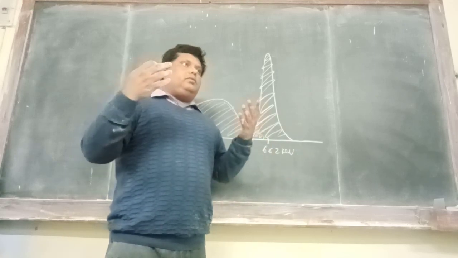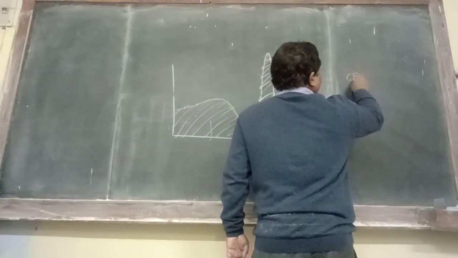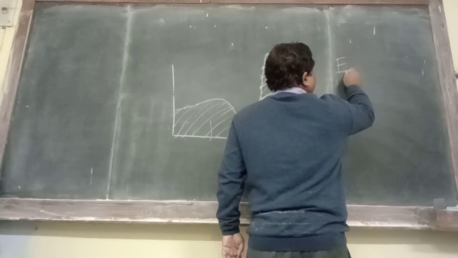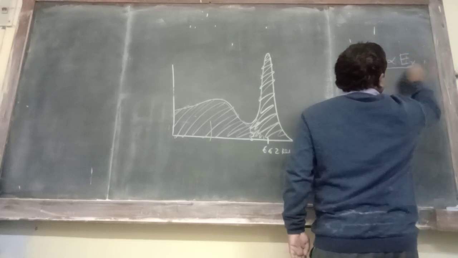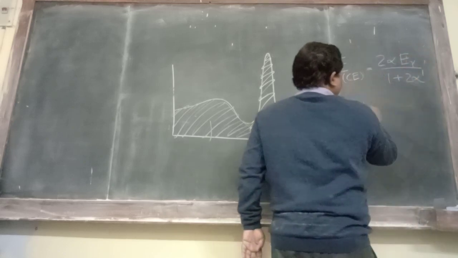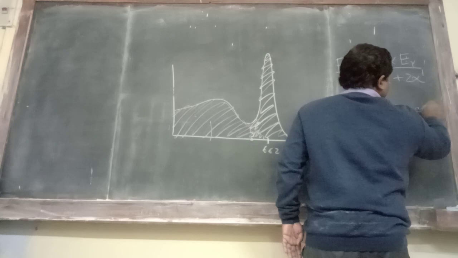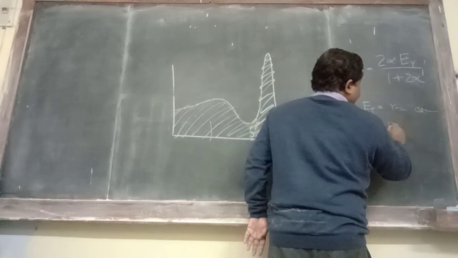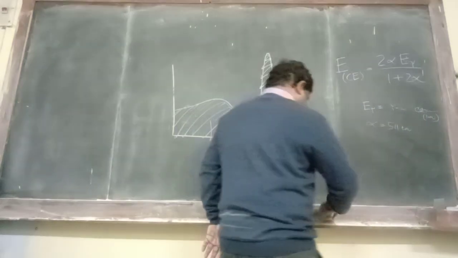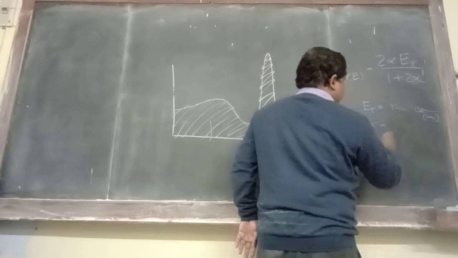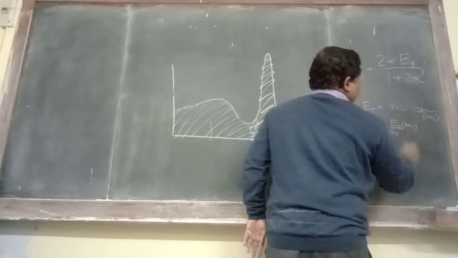If you observe the basic kinematics of Compton scattering, you will see that this energy is known as the Compton Edge, and the energy corresponding to the Compton Edge is given by 2 alpha E gamma divided by 1 plus 2 alpha, where E gamma is the incoming gamma ray energy, and alpha is E gamma divided by 511, with E gamma in keV.